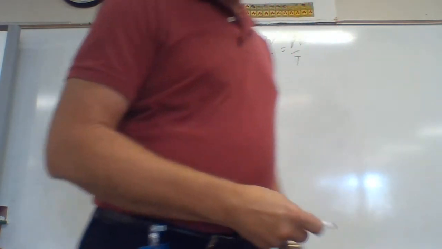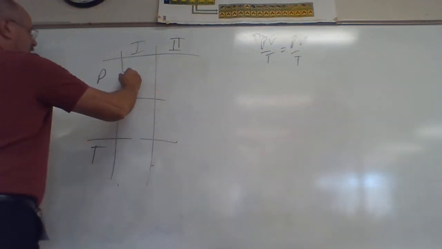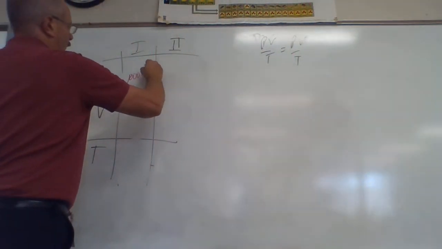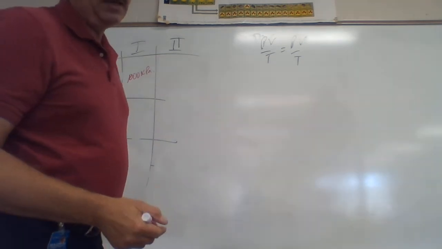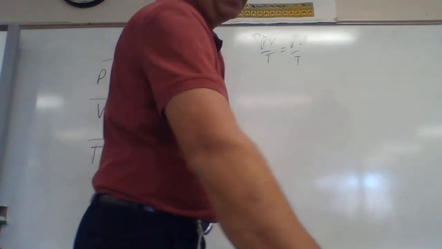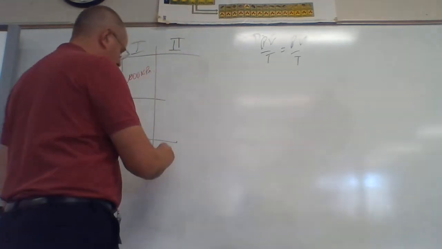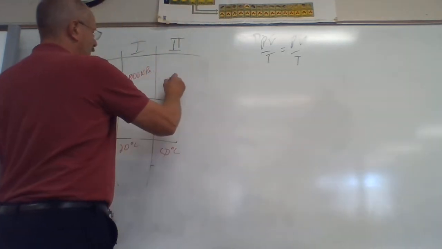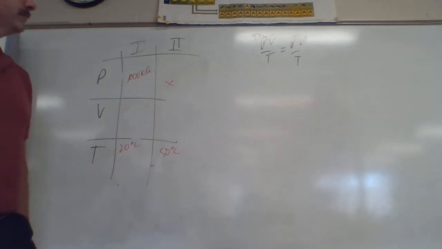All right, so we've got 1,000 kilopascals at a temperature of 20 degrees Celsius. It says the cylinder is left out in the sun and it goes up to 50 degrees Celsius. We want to find out what's the new pressure.